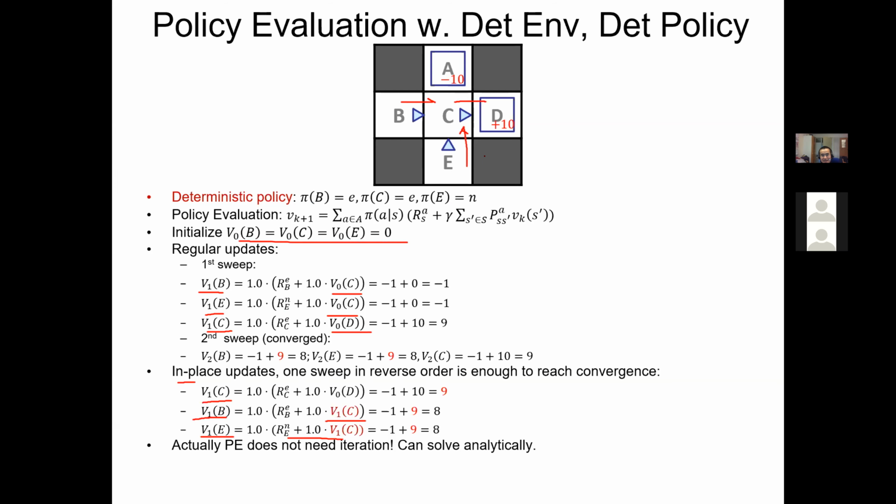So you can see that all the values are going to propagate from D onwards, from D to C, and then from C to B and C to E. If you do the sweep in updating the value function from right to left, from D backwards to C, and then from C to B and C to E, with in-place updates, you can update these values much faster than if you go from left to right and from down to up, because the first few updates are going to give you very uninformative updates.